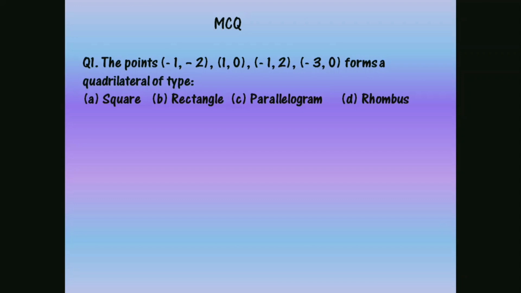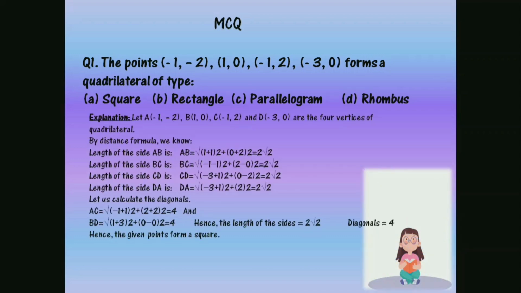We have to choose the correct option, and the 4 vertices are given, so you have to check the properties. Consider the quadrilateral as ABCD. Find out the lengths AB, BC, CD and DA.